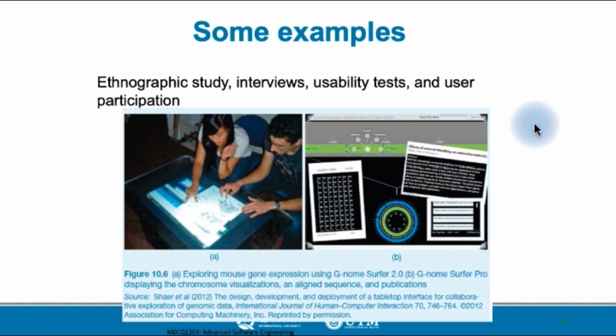Here are some examples: the ethnographic study, interview, usability test, and user participation. As a developer, he will bring users and ask them to try the new system, the new application or website that he developed, and try to see the usability and user participation, how usable and understandable the system is for the users.